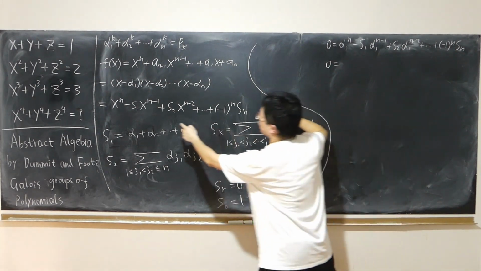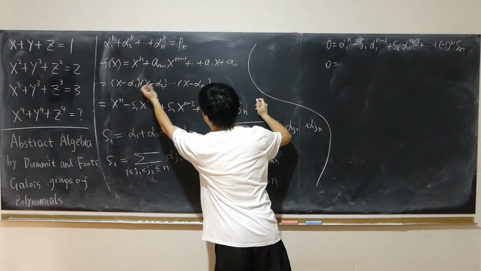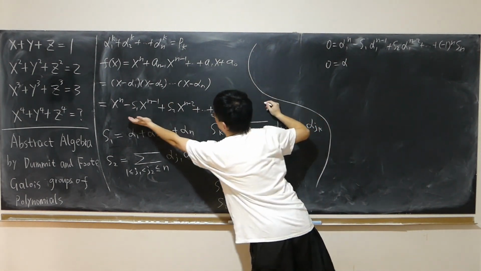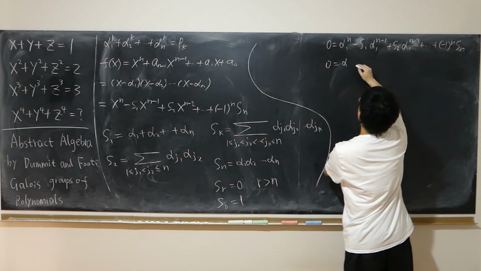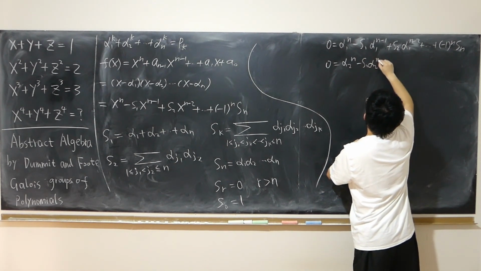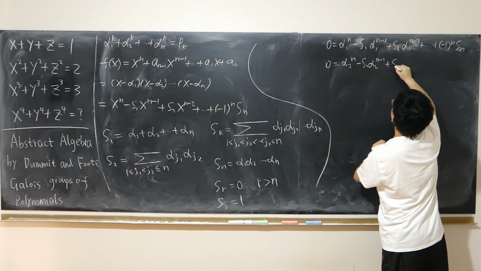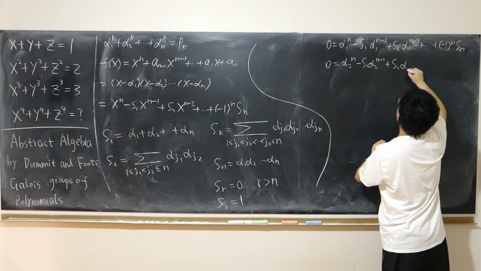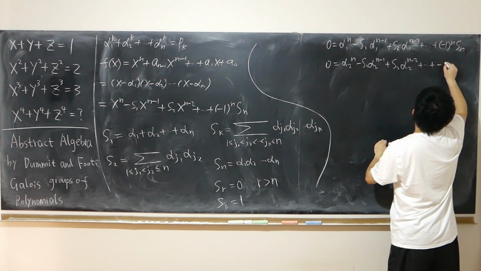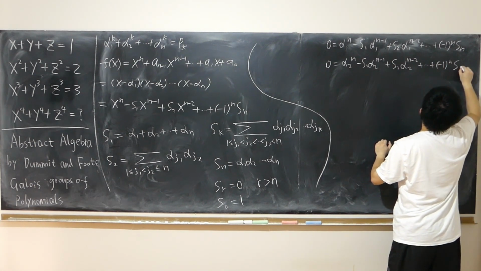0 equals alpha 2, right? Substituting here gives me 0. So also substitute into this equation: alpha 2 to the n minus s1 times alpha 2 to the n minus 1 plus s2 times alpha 2 to the n minus 2, all the way to negative 1 to the n sn.